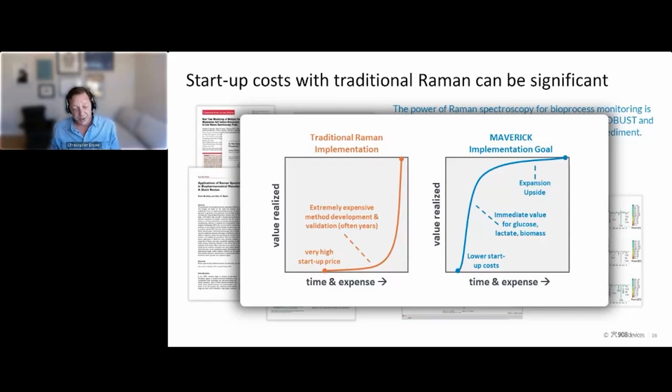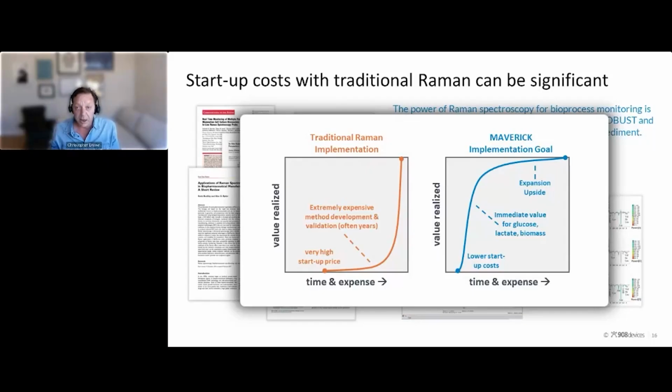But then there's that phase of developing models, the calibration for the system, observing data, collecting more data. There's a long period over which you're collecting data but not really realizing a lot of value from the implementation. And so our goal with Maverick was to certainly reduce the initial startup costs.